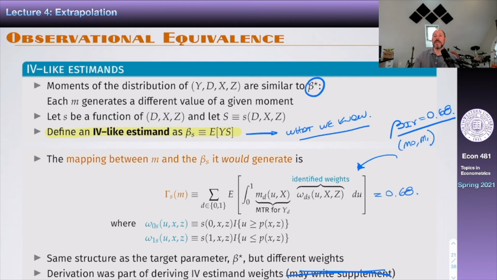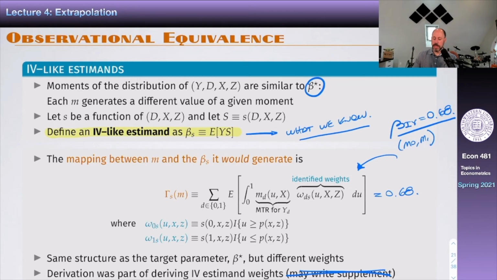And if you just give me two values that do not give me 0.68, well, those are not observationally equivalent. Observational equivalence means any two values of this vector M0 and M1, values of the marginal treatment responses, that deliver the same value of the things that you know, which in this case, I'm just saying, say the IV.